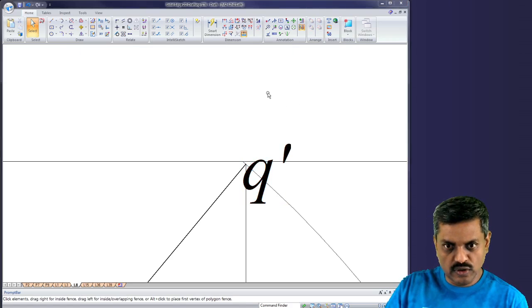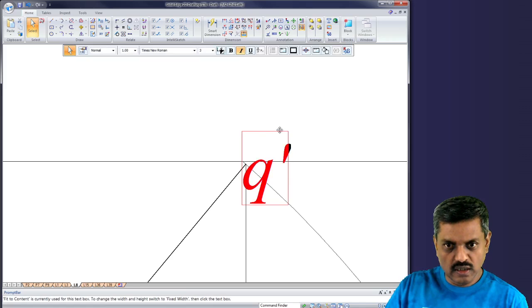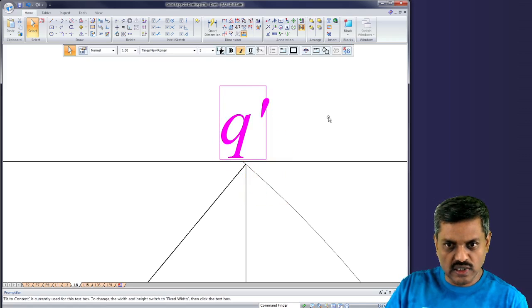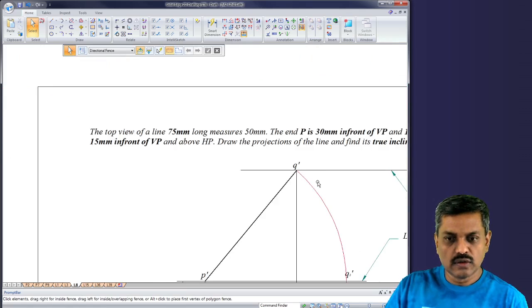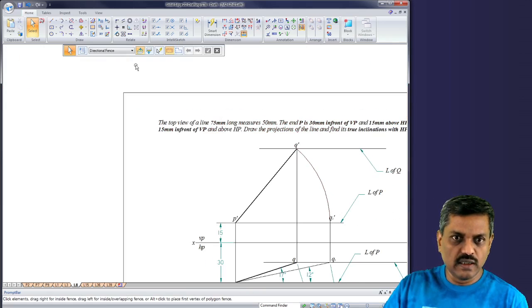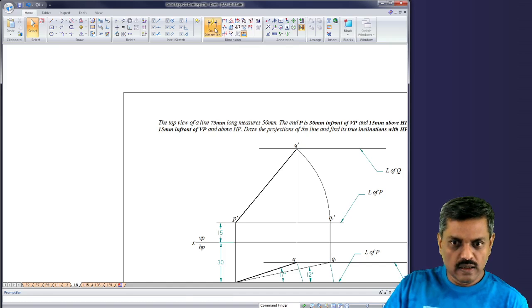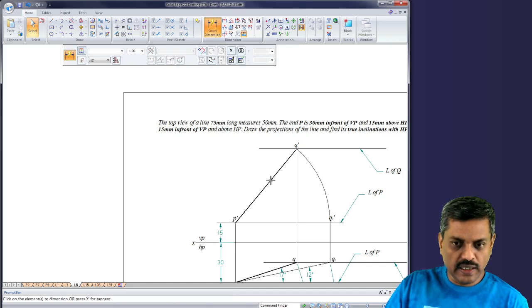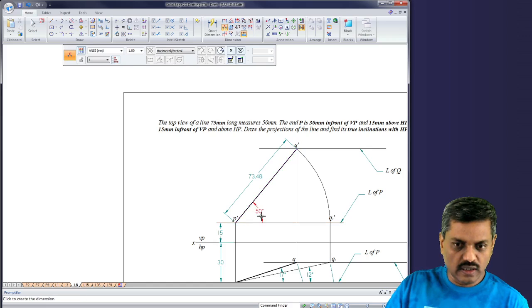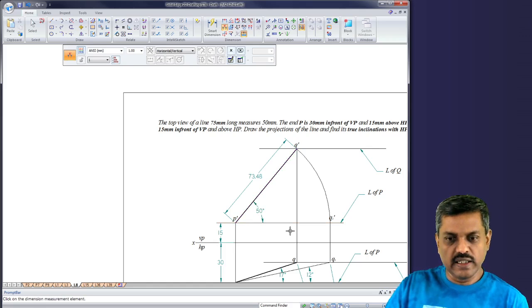We zoom in and zoom out. You have to be very careful about the size of the font. So now you see that this is the apparent length and the apparent inclination, that is alpha is 50 degree.